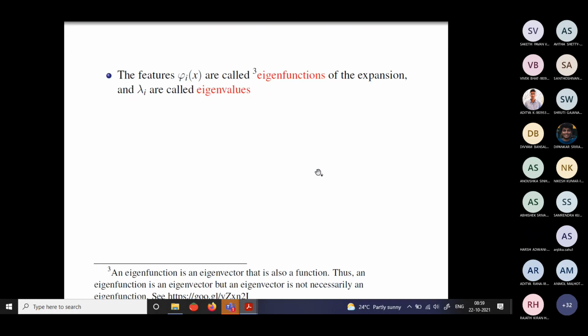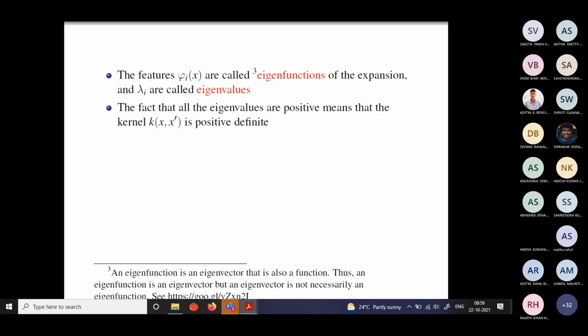An eigenfunction is nothing but an eigenvector that is also a function. So basically it's an eigenvector, but at the same time it is a function as well. Thus an eigenfunction is an eigenvector, but an eigenvector is not necessarily an eigenfunction. You can go through the link if you want to understand further.